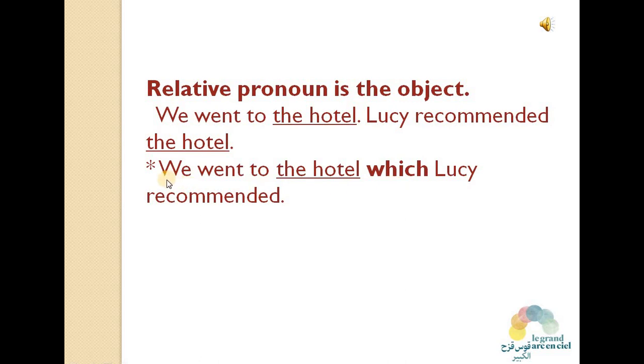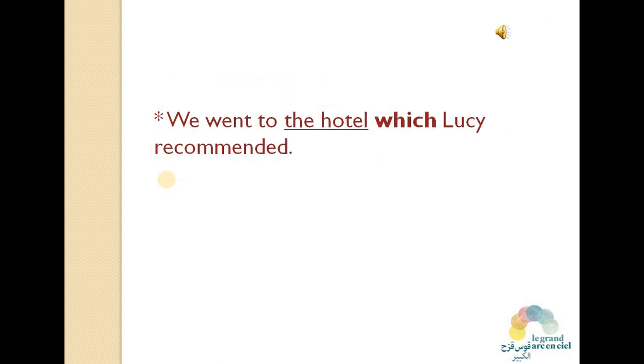We went to the hotel which Lucy recommended. So as you notice, the hotel is the object of the sentence. Therefore, which replaces the hotel is also the object of the relative clause.